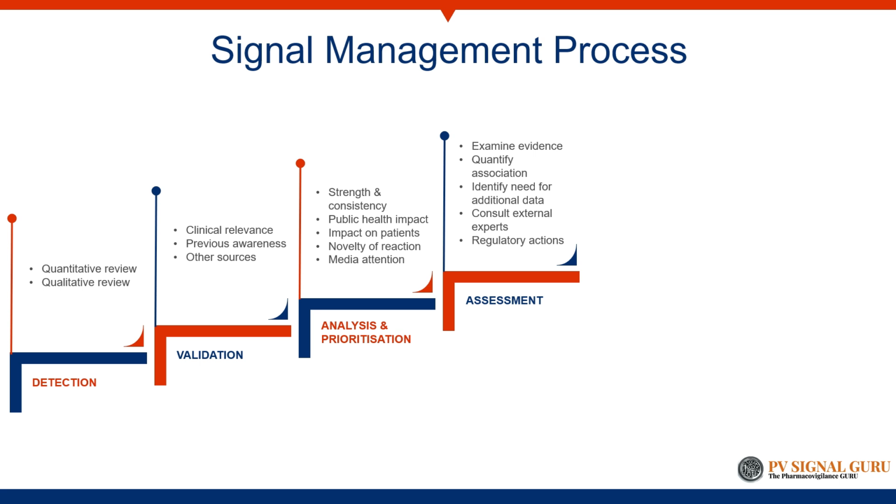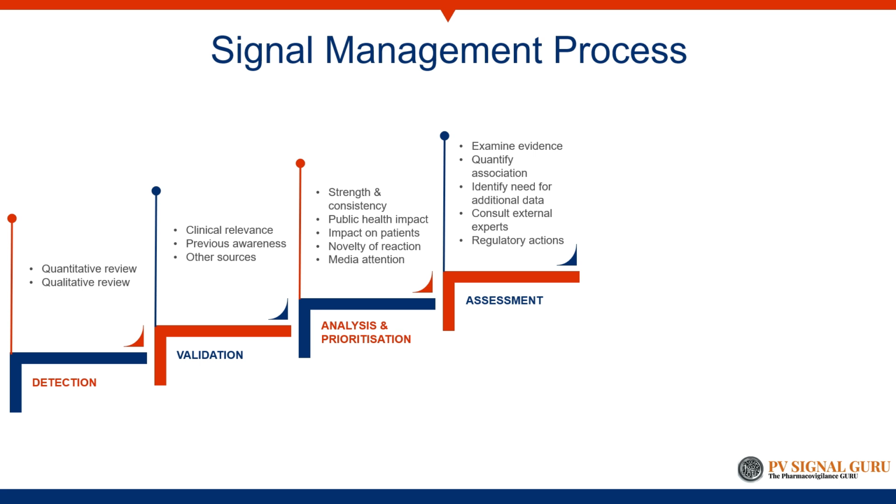This is a thorough evaluation of the signal to determine if it represents a new or changed risk. The data we analyze would be review of clinical trials, epidemiological studies, and all other relevant data. A thorough, detailed evaluation looking at the strengths and evidence of each and every source is performed to say whether it is a new risk or a changed risk.